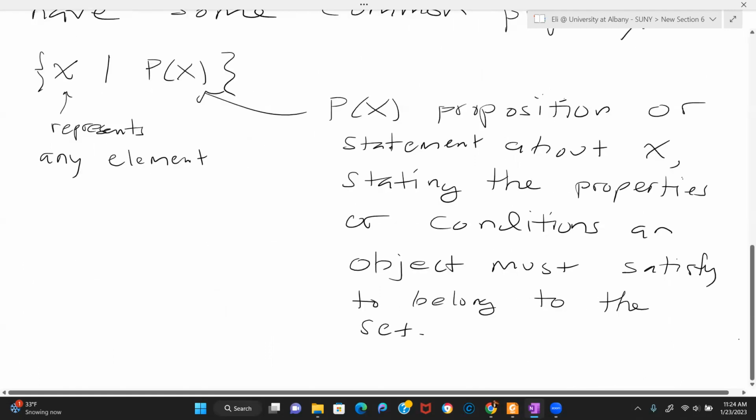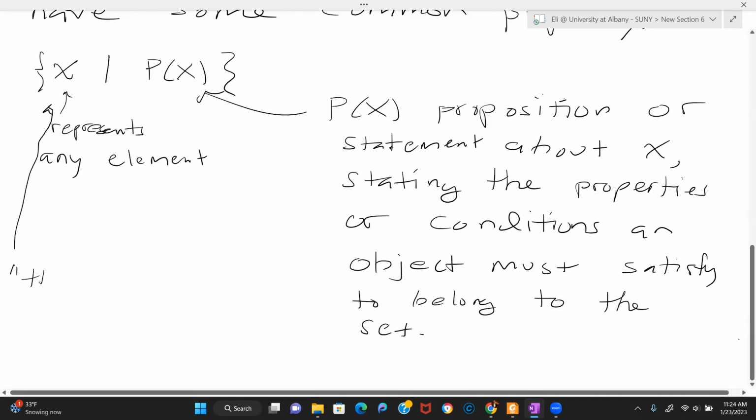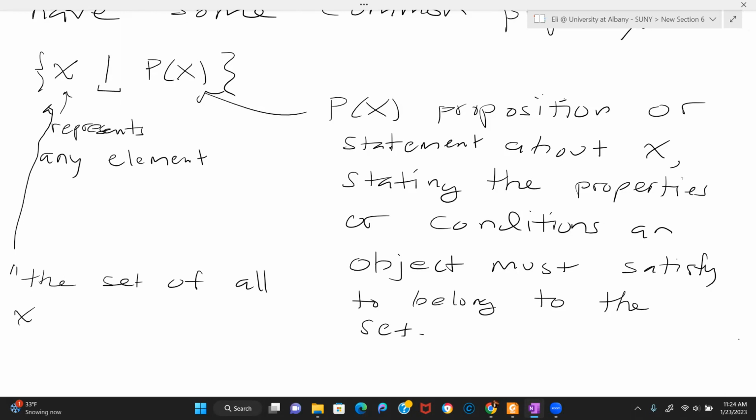So how do you read this? It's read as the set of all X, and then you read this bar as "such that" P of X is true, or is satisfied, however you want to say it.